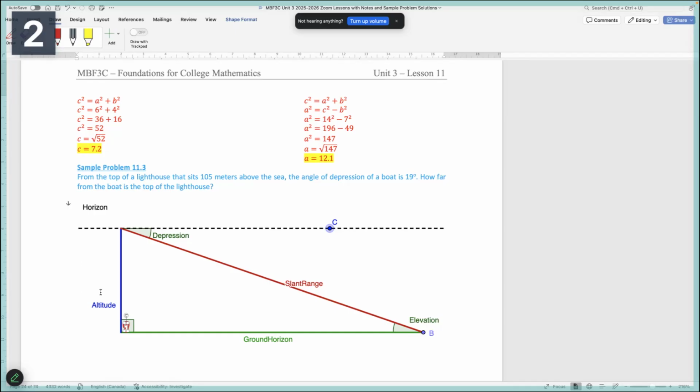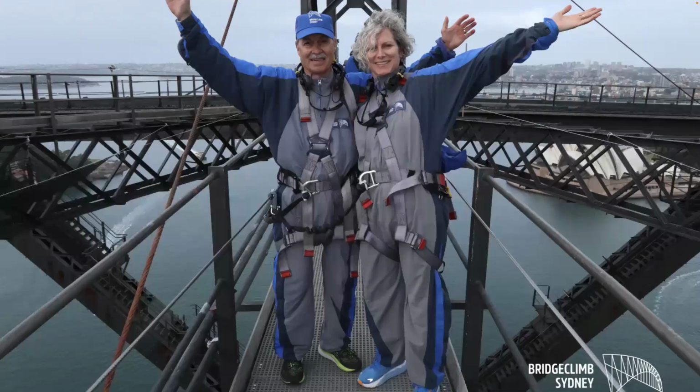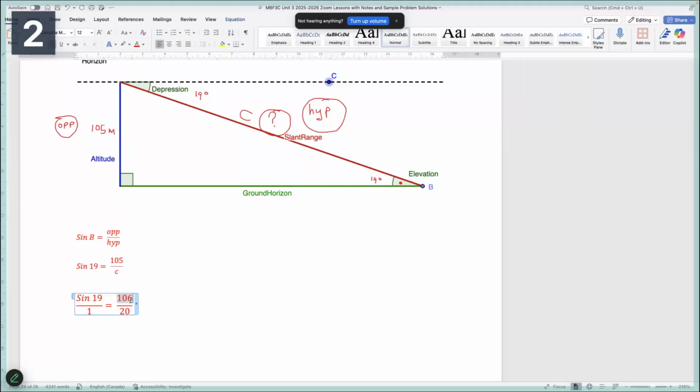So now we have the sine of 19 over 1 equals 105 over C. I'm going to size it a bit differently so that it looks the same as the others.